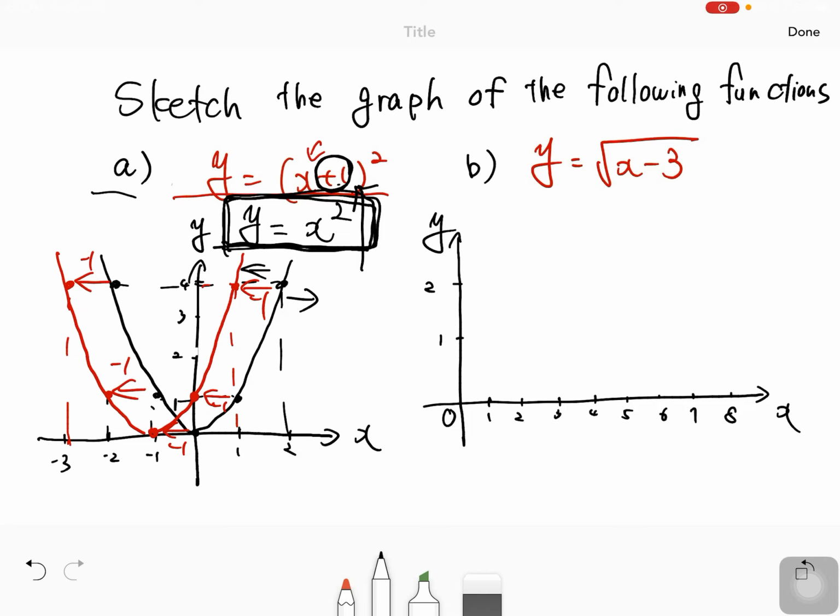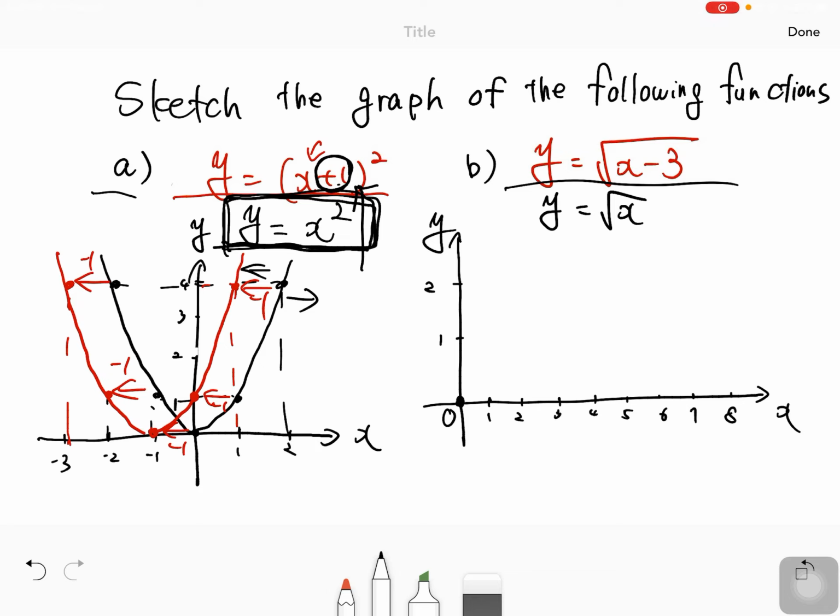You got it? It might be a bit complicated, so let me give you another example. y equals square root of (x minus 1). So what should I write for the base of the graph of this one? Yes, it's gonna be y equals square root of x.